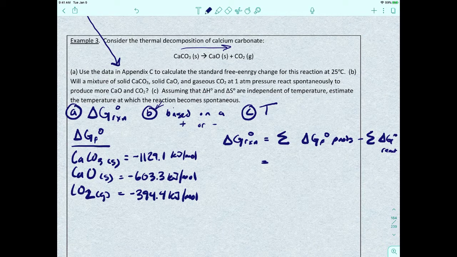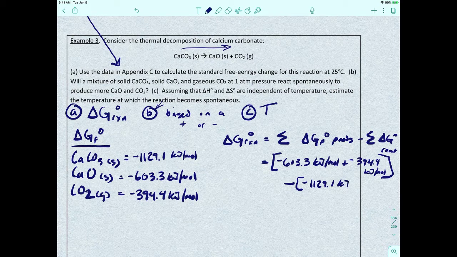Okay, so we'll take the formation value for calcium oxide, which is negative 603.3 kilojoules per mole, plus the value for carbon dioxide, negative 394.4 kilojoules per mole, minus the delta G of formation of calcium carbonate, which is negative 1129.1 kilojoules per mole.